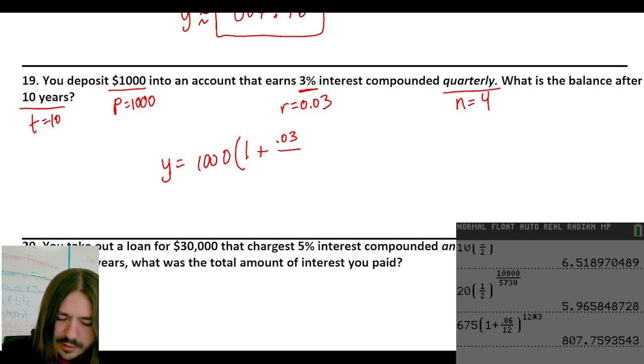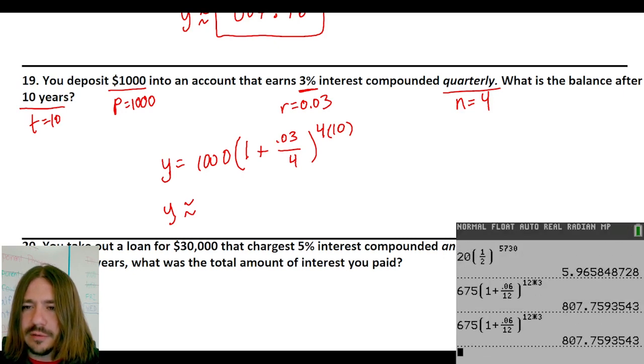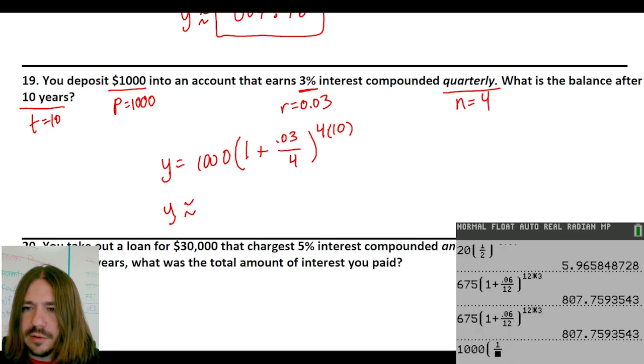So let's go ahead and put all this in our calculator. Again, it doesn't say what to round to, so I'm going to go to the nearest cent again. Let's see, 1,000 times 1 plus, create my little fraction, and I guess I lost a plus there. Let's delete this.